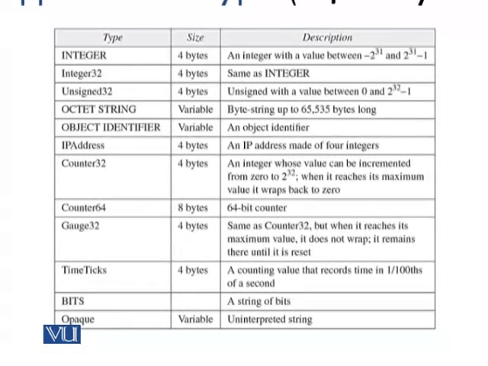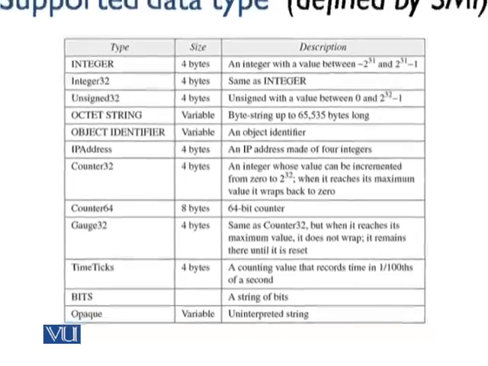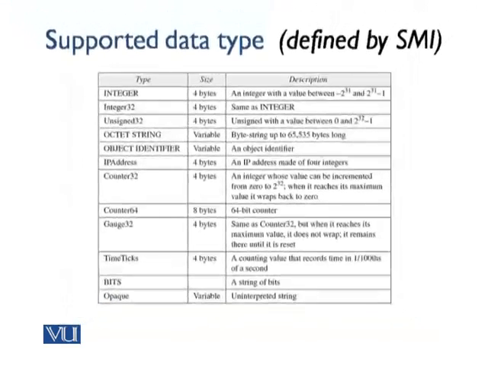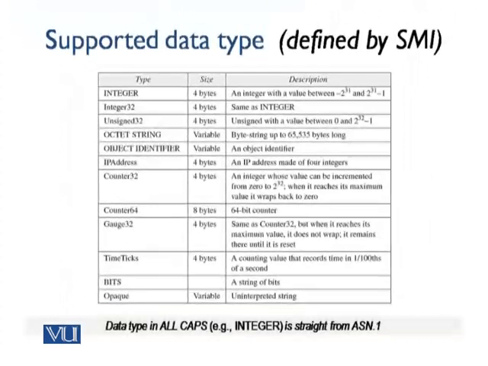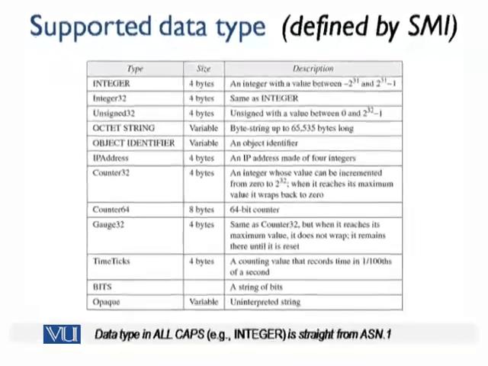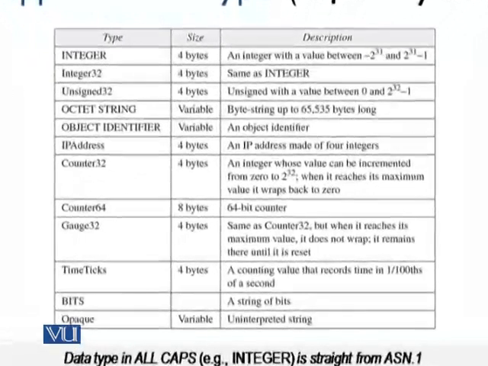So for example, integer is in all caps, which basically means that all of the letters are capital letters. Similarly, octet string is all caps, object identifier is all caps, and these are all caps because they have been directly borrowed from what is known as ASN.1, Abstract Syntax Notation.1, which is basically a presentation standard.